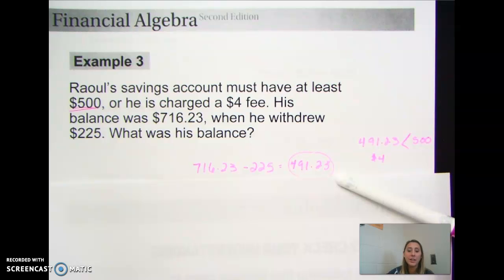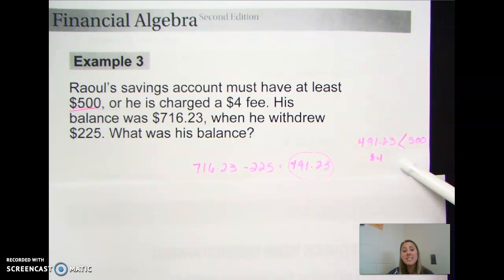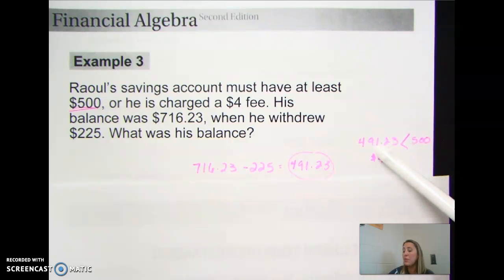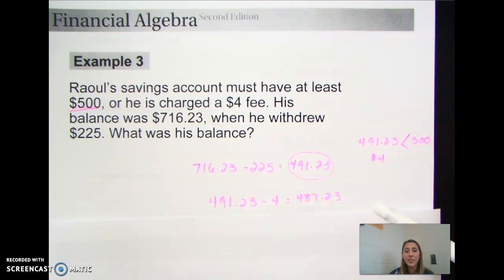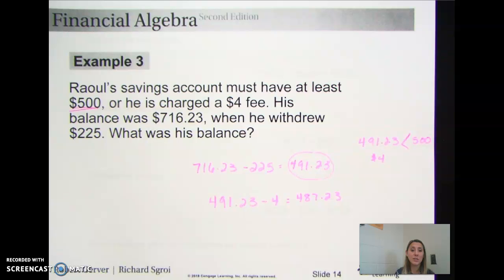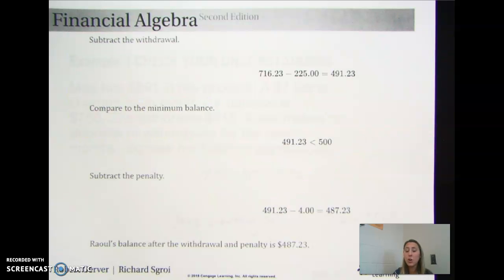I'm sorry, $491.23. So if it's $491.23, that is less than $500. So his account balance isn't going to be $491.23 at the end of the month. He's going to get charged that $4 fee. So I need to subtract that as well, and I get that his account balance is $487.23. So here are the steps that you would take. Subtract the withdrawal, compare to the minimum balance, subtract the penalty, and then you have your final balance.